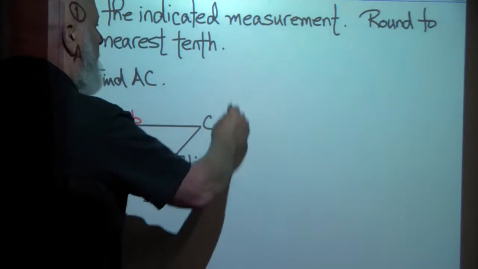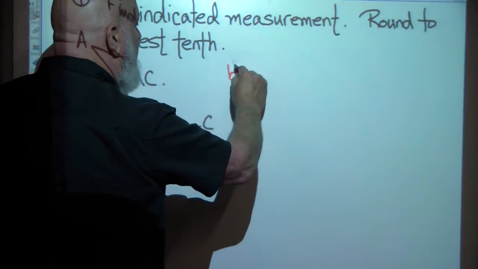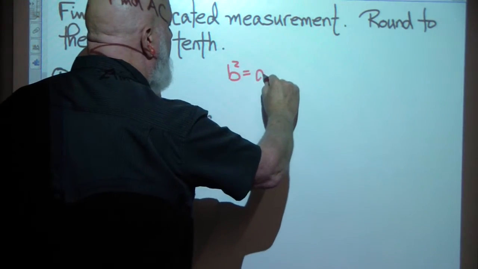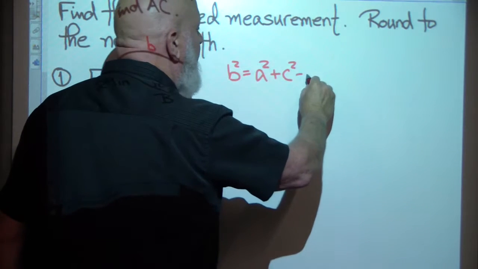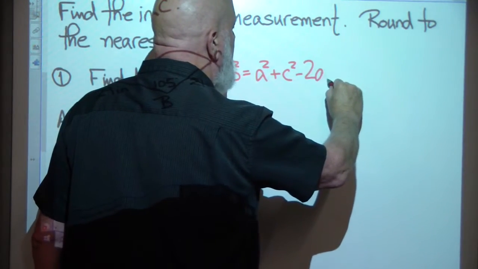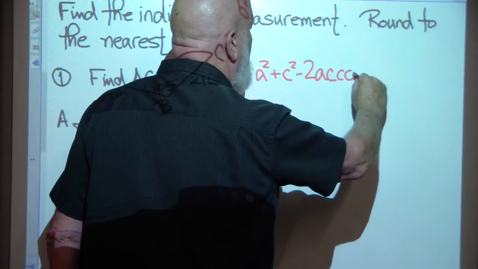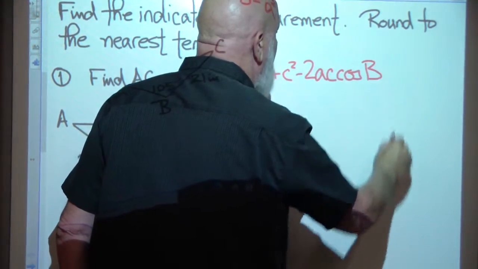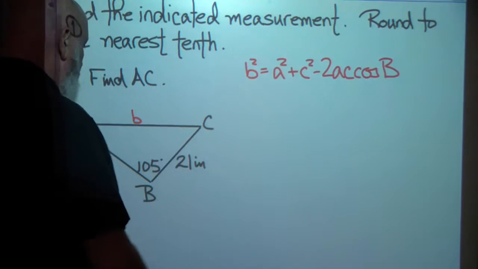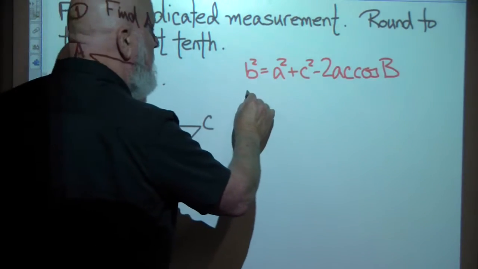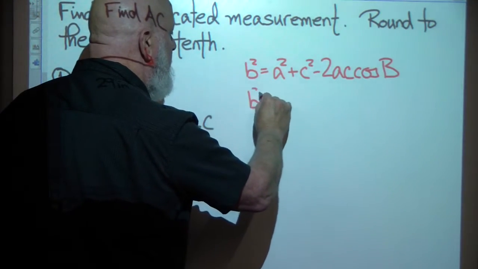I'm going to use B squared is equal to A squared plus C squared minus 2AC cosine B, and try not to make any mistakes. So here we go. B squared is unknown. That's what we're looking for.